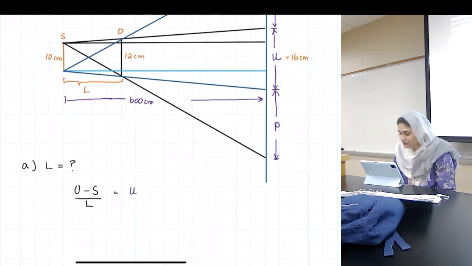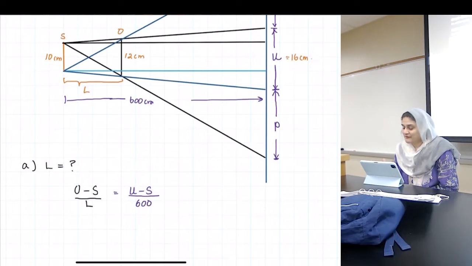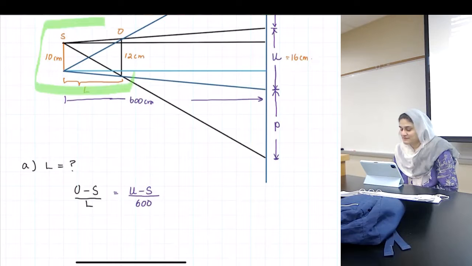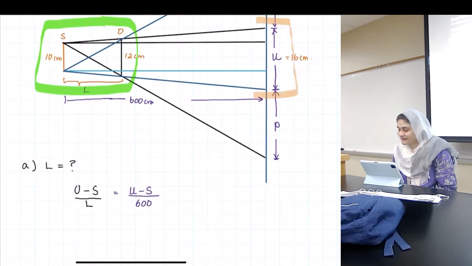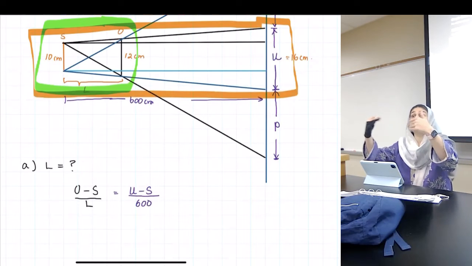The ratio that this makes is the same as the ratio that this makes. That's basic geometry. And I can put them equal to each other because the ratios give me the same number.